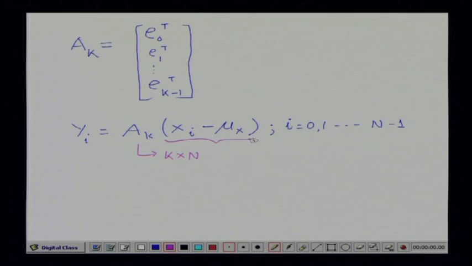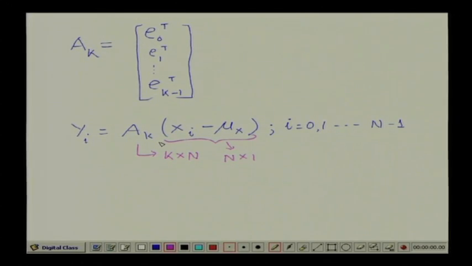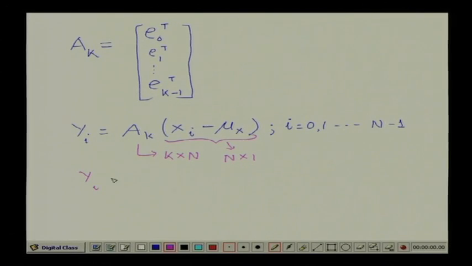When I perform this transformation A k into x I minus mu x, it leads to a transformed vector y I, where y I will be of dimension k by 1. That means, using this transformation with the transformation matrix A k, we are getting the transformed vector y I of dimension k.